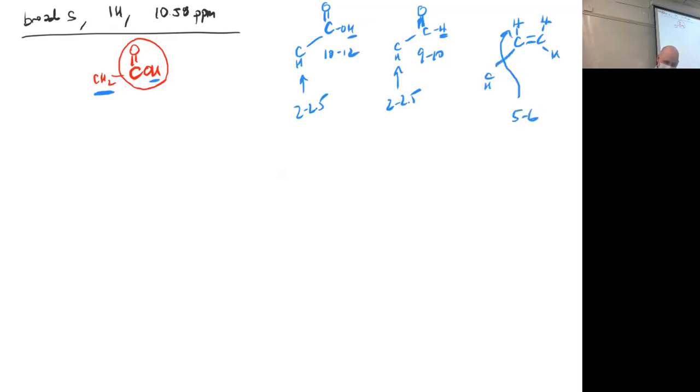But if you had a CH that's next to the alkene, where would that be? It's the same place as CH next to carbonyl. 2 to 2.5. And then the same thing would be true if you're looking at a benzene ring. The hydrogens that are directly attached to the benzene ring, where do these guys show up?